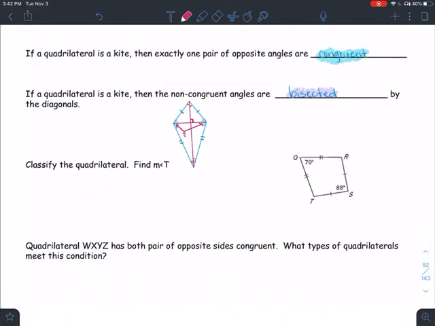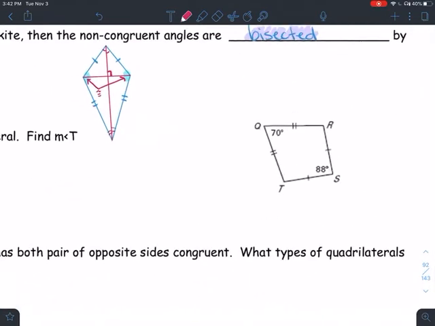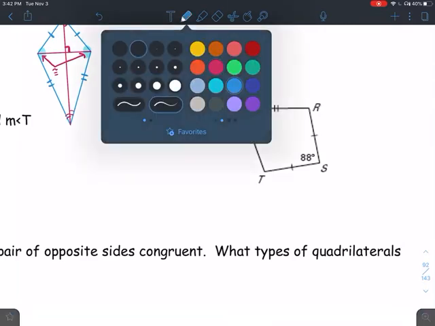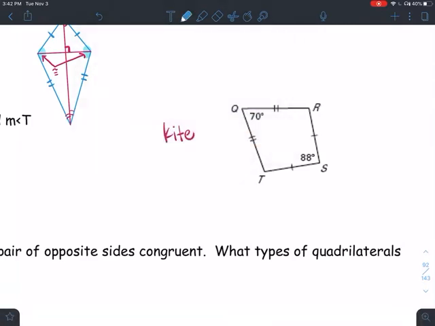So if we want to classify this quadrilateral and find the measure of angle T, I know by the way that these are marked that this is a kite. And I also know that everything should add up to 360 degrees. So if I do 360 minus 70 minus 88, that gives me 202.